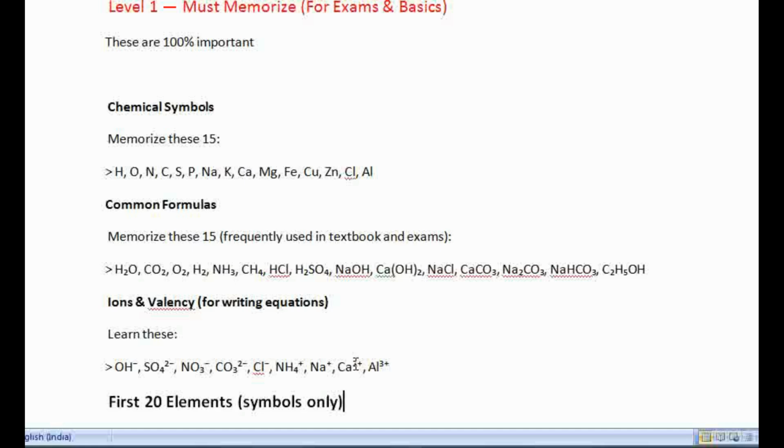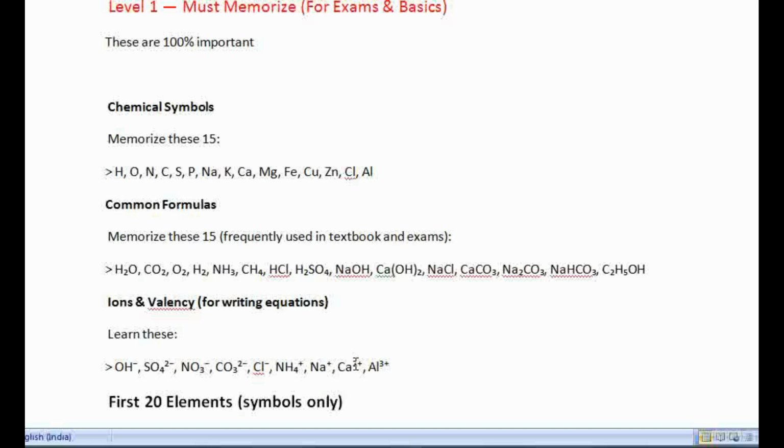Next, common formulas. Memorize these 15 formulas because they are frequently used in textbooks and exams. What are they? H2O, CO2, O2, H2, and NH3. They are very important. You should memorize them also. There is no concept to understand behind that. You should memorize them blindly.